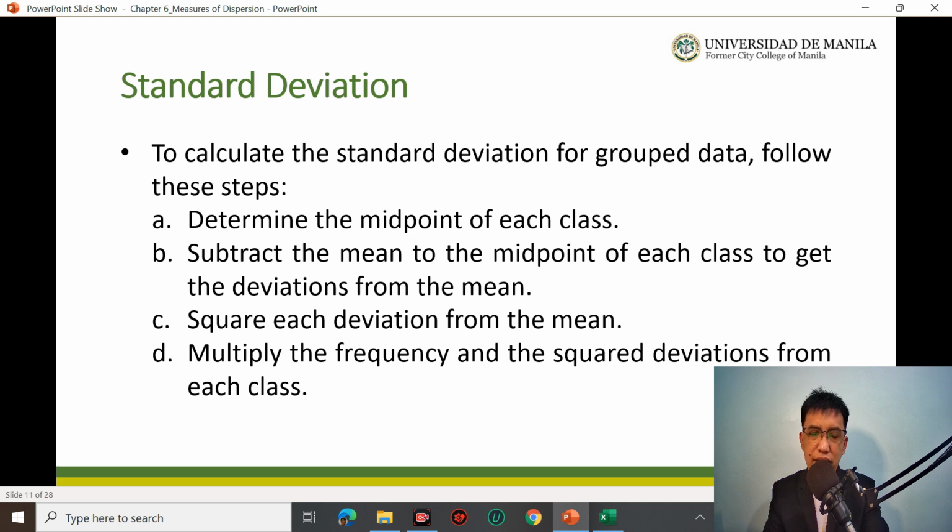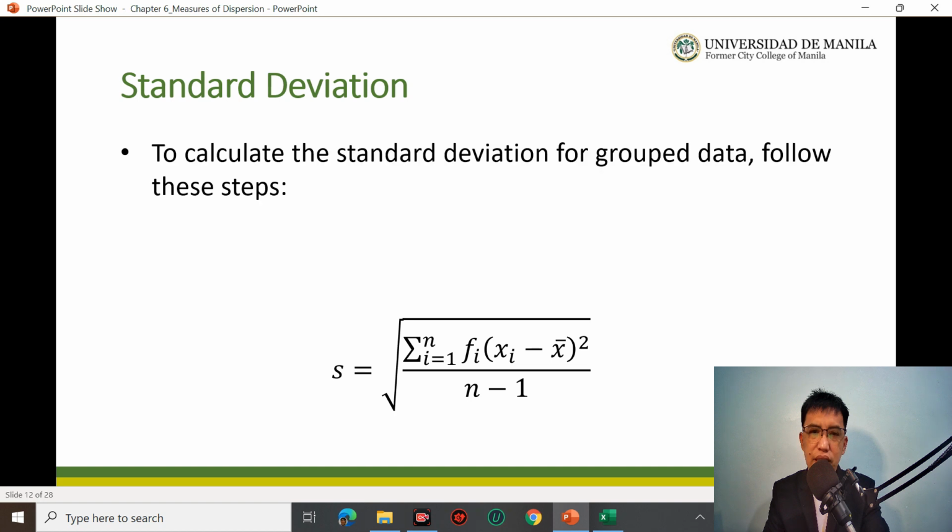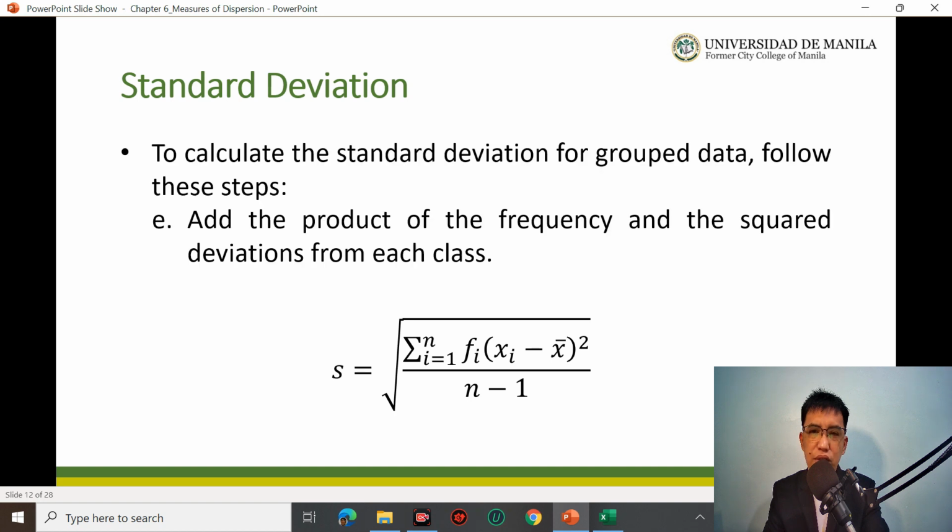and multiply the frequency and the squared deviations for each class. Then we calculate the standard deviation for grouped data. Following that, we add the products of the frequency and the squared deviations from each class. Then, using this formula, S is equal to the square root of the sum of f sub i times (x sub i minus x bar) squared, where i is from 1 to n, divided by n minus 1.